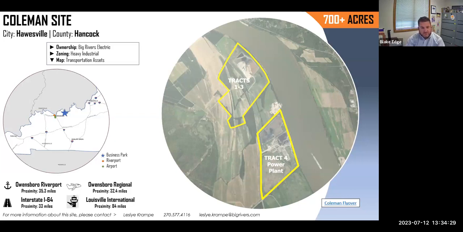But what you're seeing on the screen is a really cool project that we're just getting started on. It was a Big Rivers Electric coal generation facility in Hancock County, right there on the Ohio River. It is now closed, and it is being cleaned up. So we've been working with Eric and the Brownfields team at the state for the past year, following that generation plant closing.